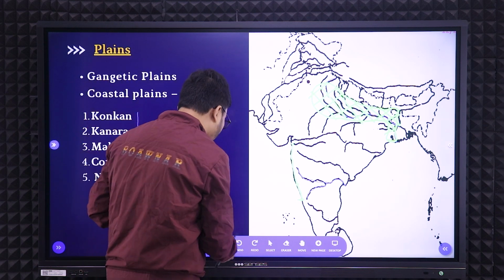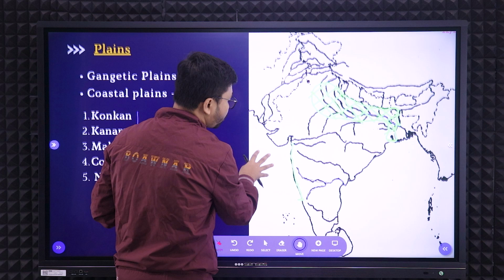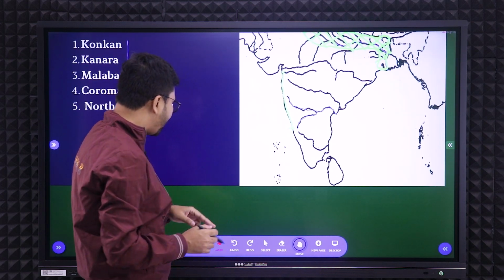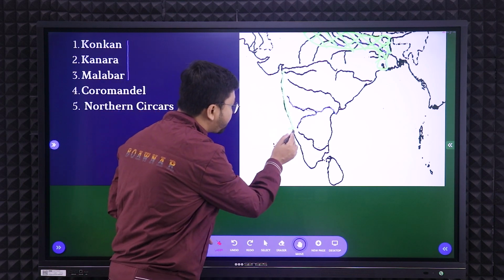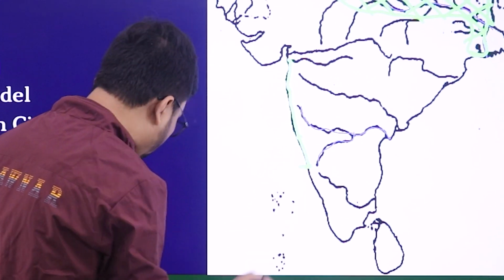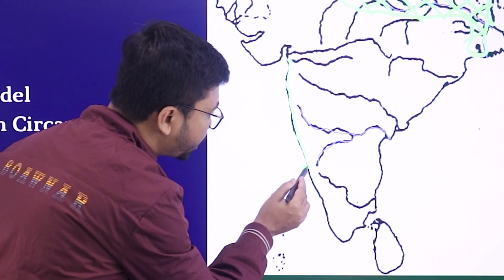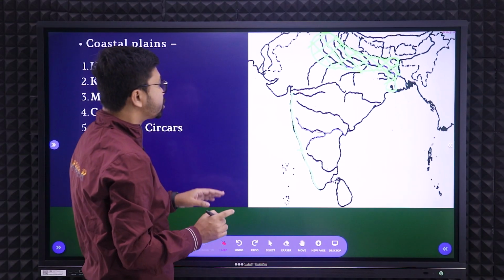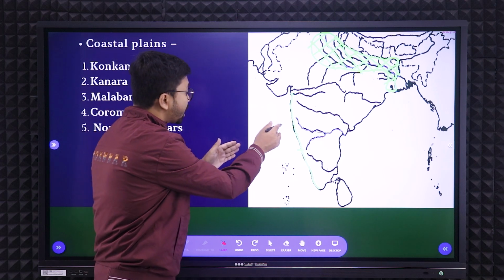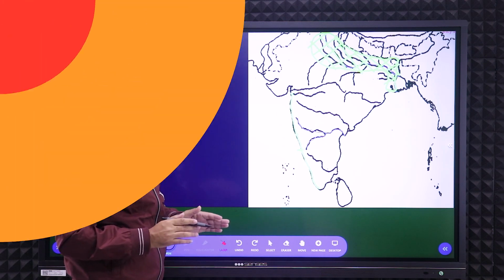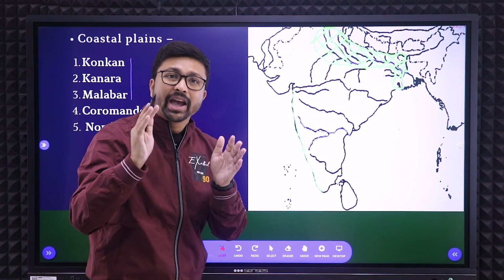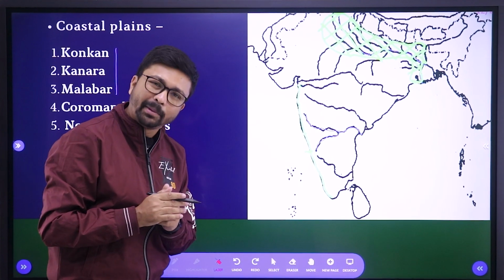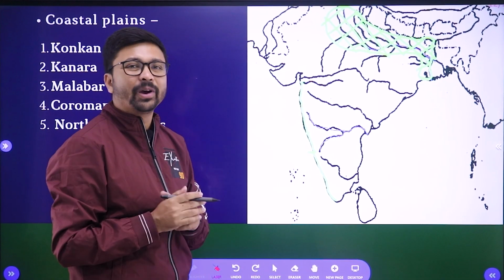And the rest of the portion after the Kannada coast is the Malabar coast, which will go up to Kanyakumari with green color. So that is Konkan, Kanara and Malabar. In exam time, any one will be given, so there will be no confusion. You can mark it with green color very easily.